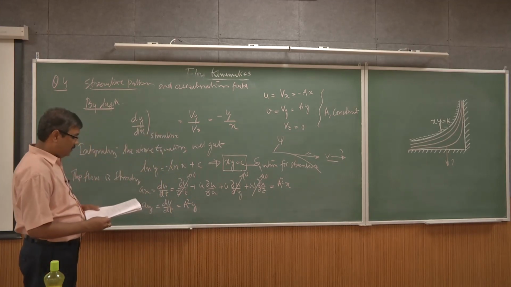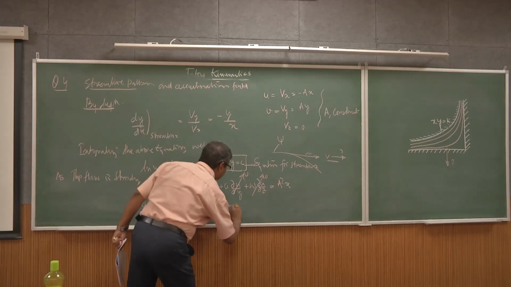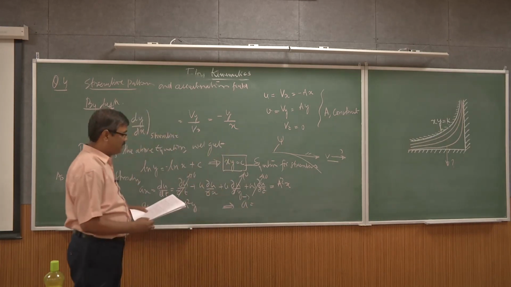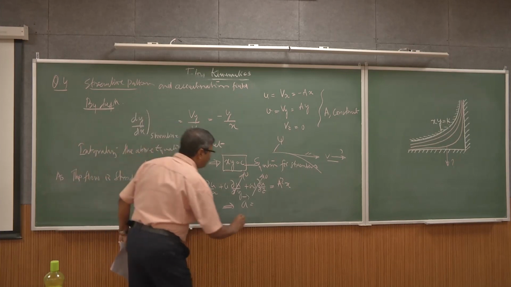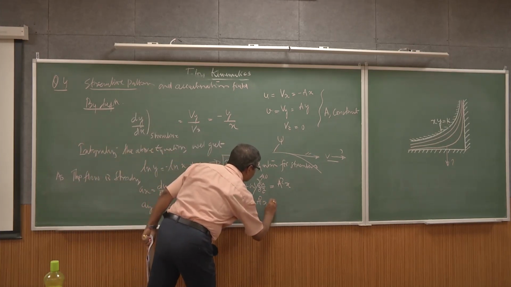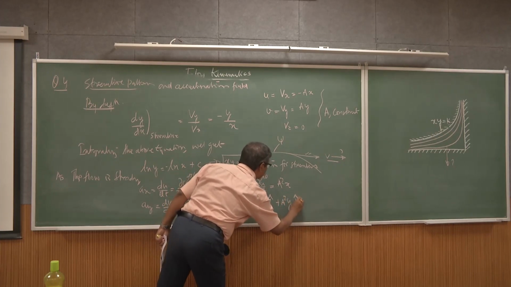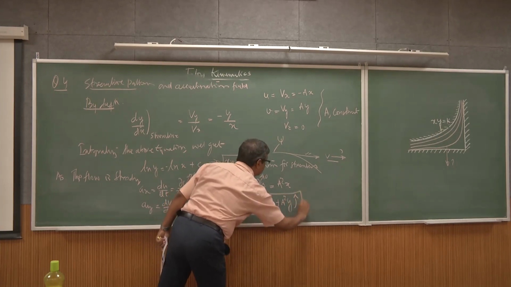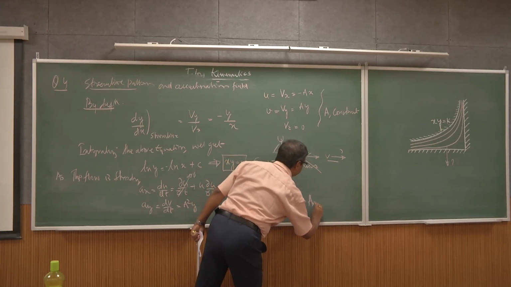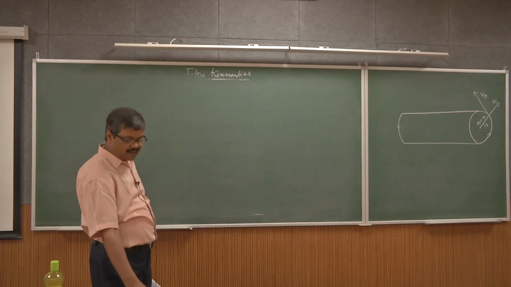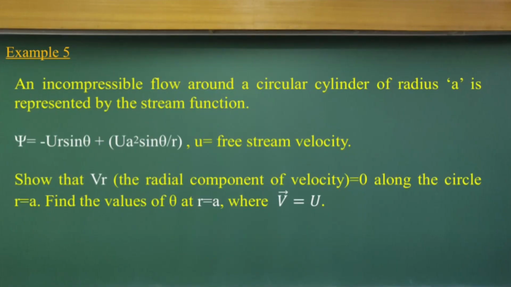That means the acceleration field in two dimensions is a square x i plus a square y j. That's the answer for this problem. Let us solve the next example, example number 5.